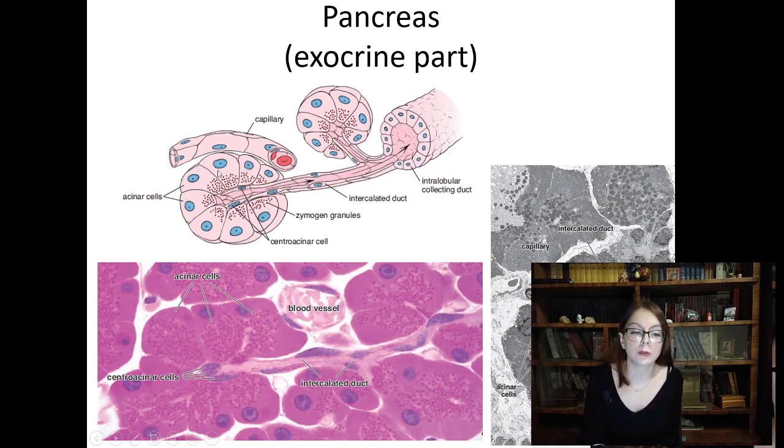The cells of this acini are pyramidal in shape, and they have a zymogenic apical pole and a homogenic base. In the zymogenic pole, oxyphilic granules with inactive enzymes are present, while at the base we have very well developed rough endoplasmic reticulum and ribosomes, which are negatively charged due to RNA, ribonucleic acid.